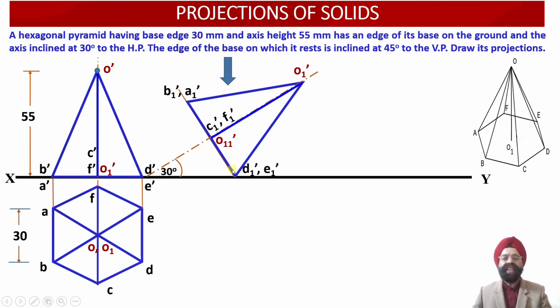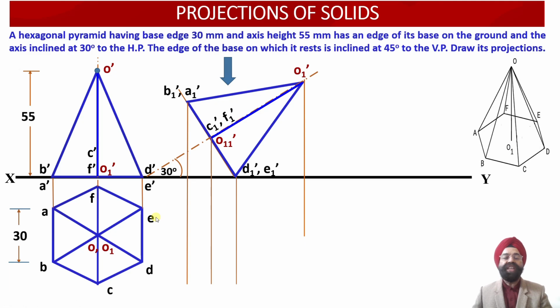So now through these 8 points we are going to draw the vertical projectors into the plan projection view. Wherever these vertical projector lines drawn through the 8 points of the elevation projection view intersect with the horizontal projector lines drawn through the corresponding points of the plan projection view which we had already obtained in the previous iteration, these points of intersection will provide us with the location of the corresponding points in the plan projection view.